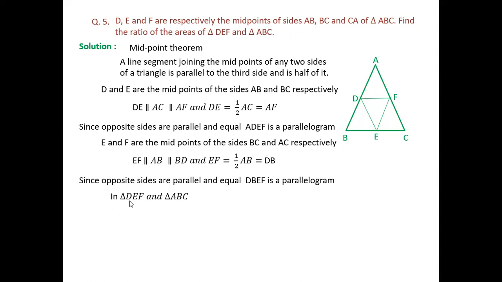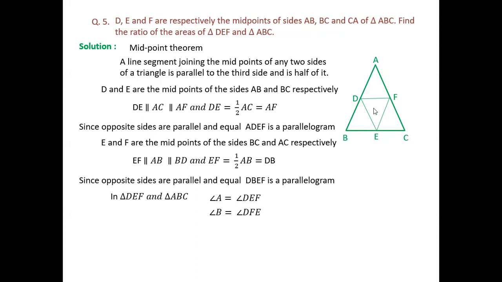In triangle DEF and triangle ABC, I'm taking the small triangle and the complete triangle ABC. In this small triangle and this complete triangle, angle A, this angle is equal to this angle in DEF. Why are they equal? And angle B is equal to this angle.